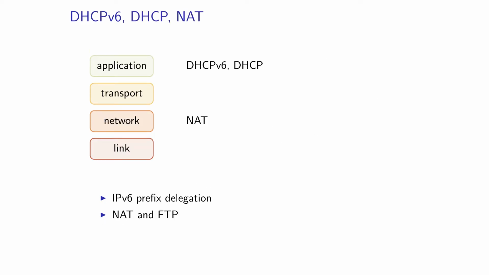We will learn about the dynamic host configuration protocol that can be used to assign IP addresses to hosts in an automated way. So assuming that you operate a large network or even just a home network, it's convenient that you do not have to think about which IP addresses you give out to your devices, and this just happens in an automated fashion.